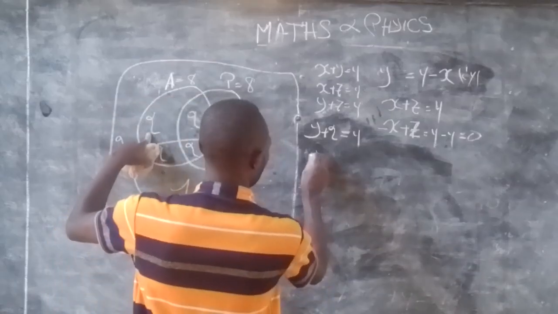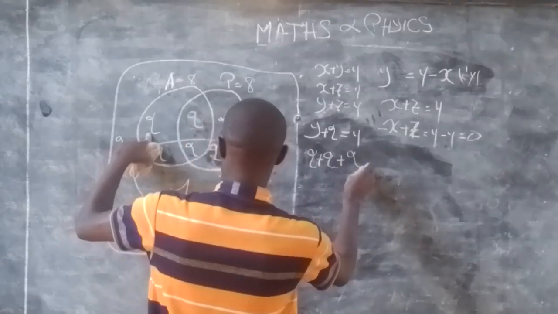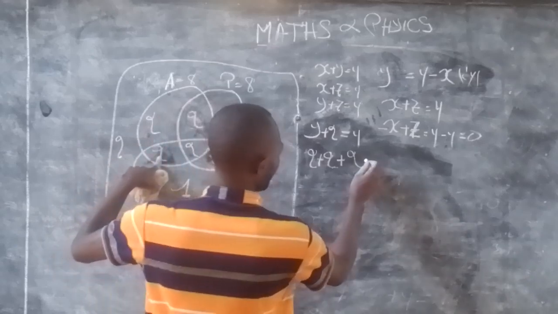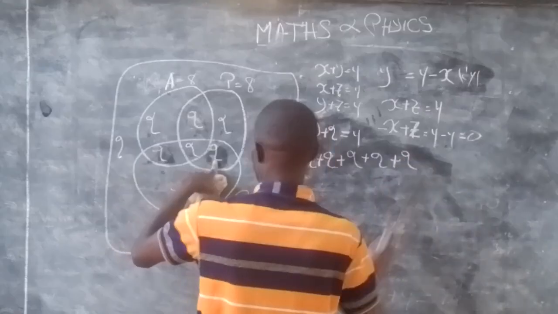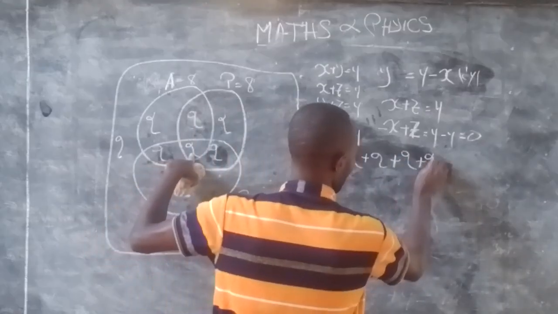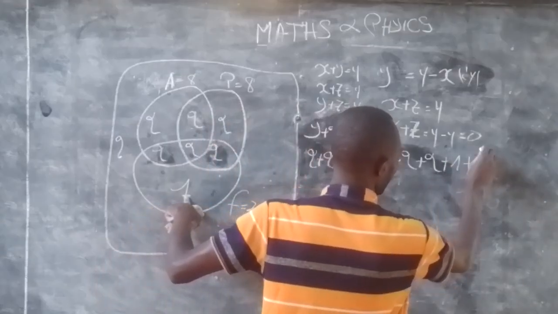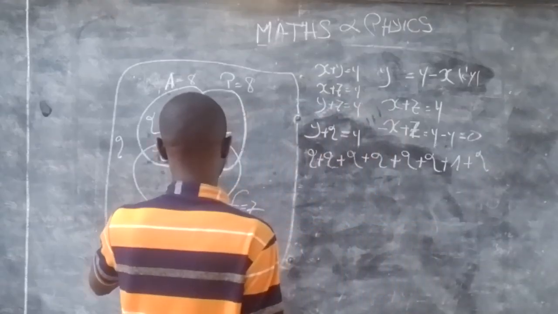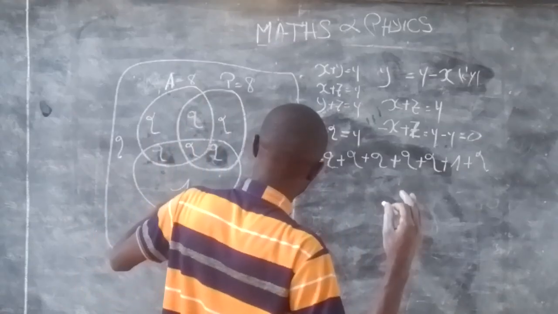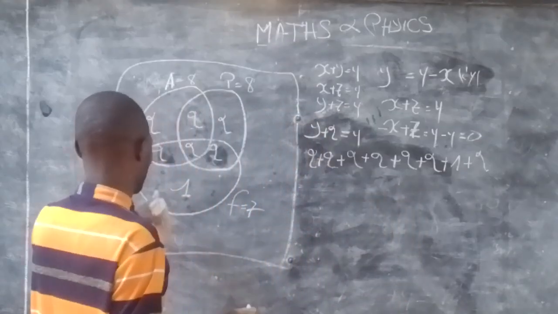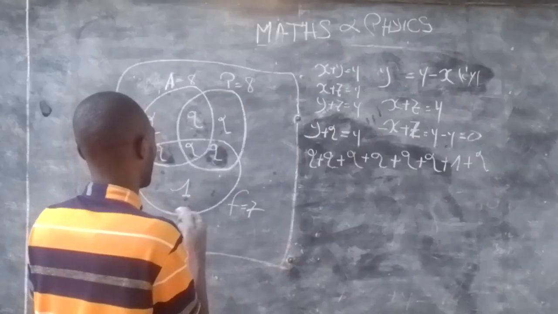Here we have 2 plus 2 plus 2 plus 2 plus 2 plus 2 plus 1 plus 2, the complement, because it also contains the board. Even though it doesn't appear in any subset we have here, it is also a number which contains our universe, or contains the board.